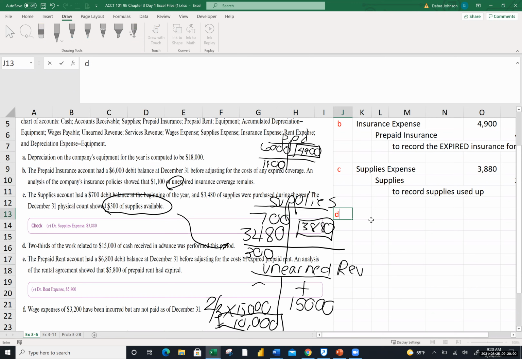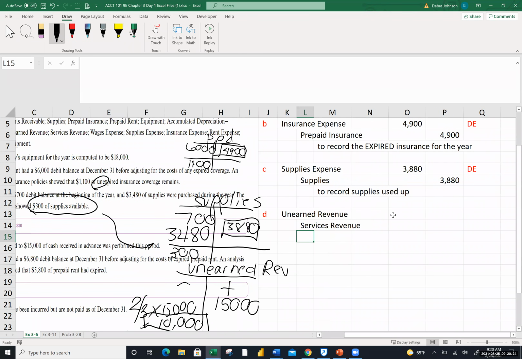Okay, so how do I do it? If you're looking at that account, I debited the unearned, I debited that liability account, and I'm going to credit some kind of regular old revenue account. And when I look at their chart of accounts, it looks like the regular old revenue account is called services revenue.